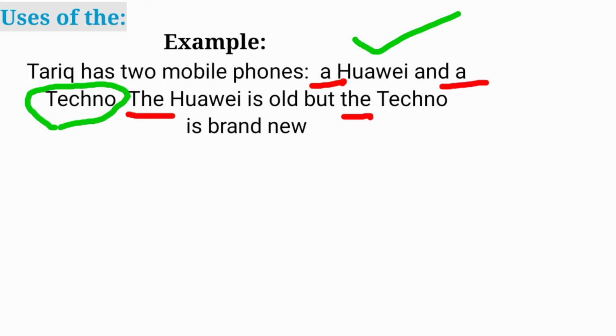But in the second part of the sentence, both mobile phones are now known to the listener, and that's why we put The with Huawei and The with Techno. Now, I hope that you guys will be familiar with the words indefinite and definite articles.